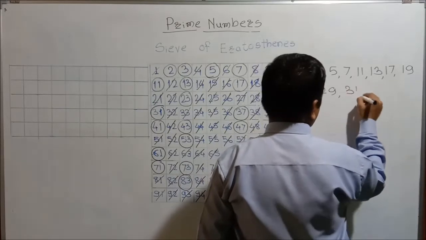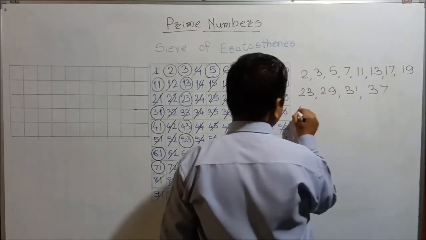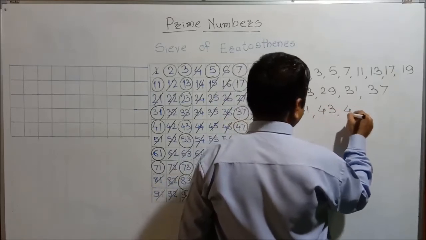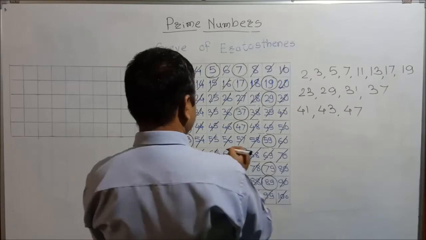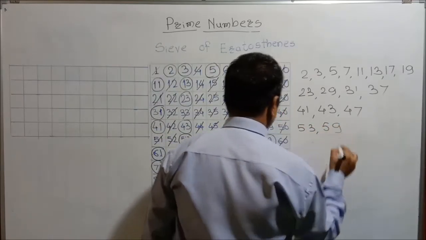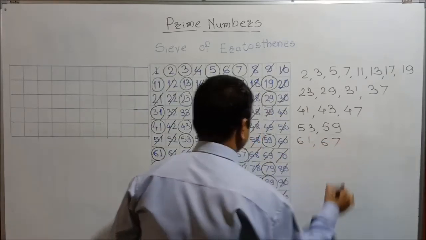31, 37, and then we have 41, 43, and 47. Then we have 53 and 59, and then 61 and 67.